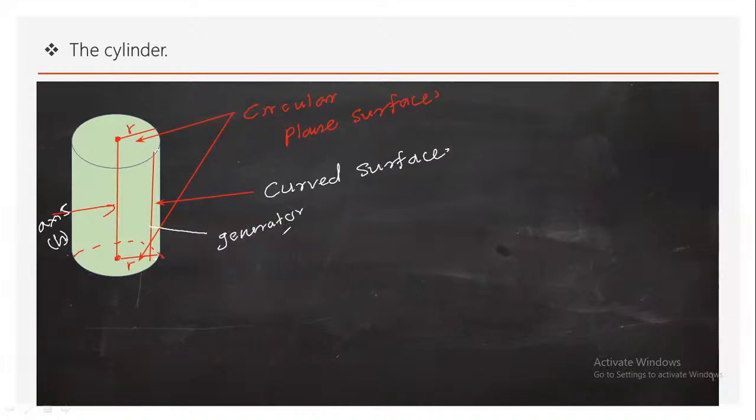We can name it as H. These are the basic parts of a cylinder. Basically, two circular plane surfaces and a curved surface. This axis equals the height of the cylinder. Radius equals the radius of the cylinder.